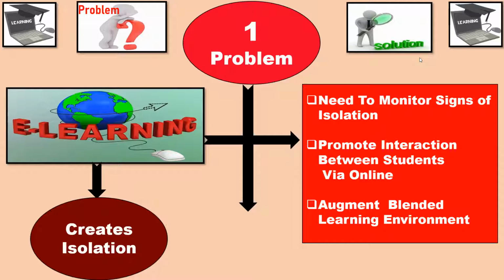So my suggestion is, first of all, we need to identify the different signs of isolation among the students. That means we have different kinds of students hailing from different social backgrounds, maybe from remote areas or urban areas, and with different attitudes.